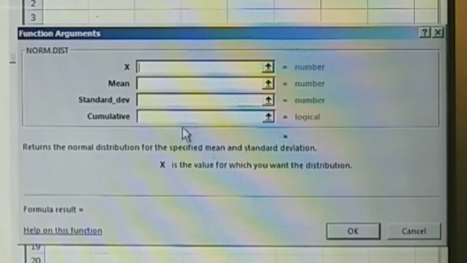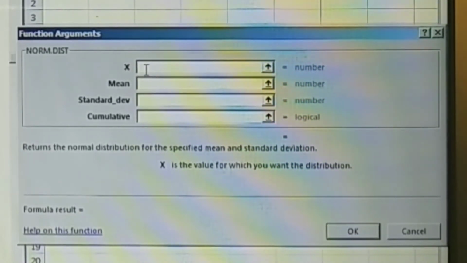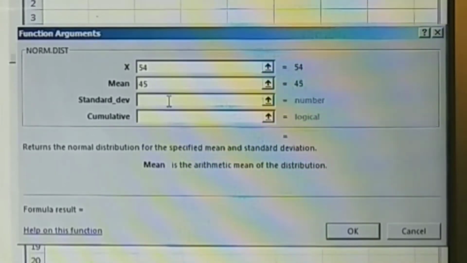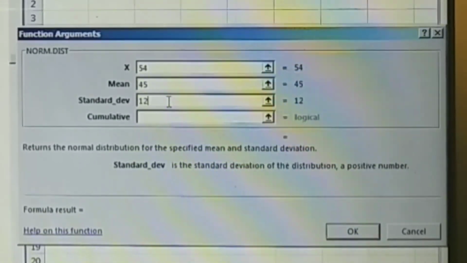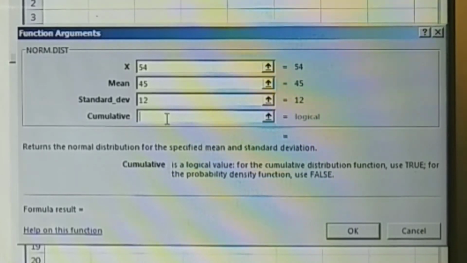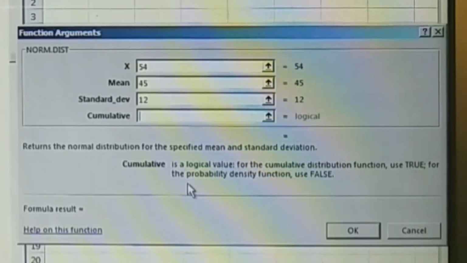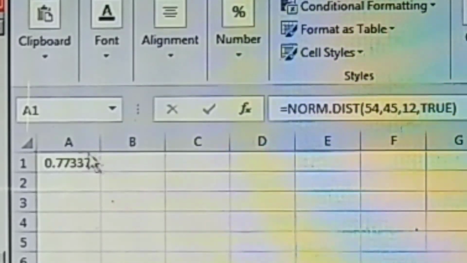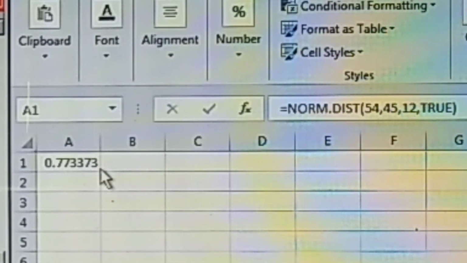To do that in Excel, we may type in here x is 54, and then the mean, that is 45, standard deviation 12, and then for the cumulative, we use the word true. And then you click OK. So here's the probability that x is less than 54.